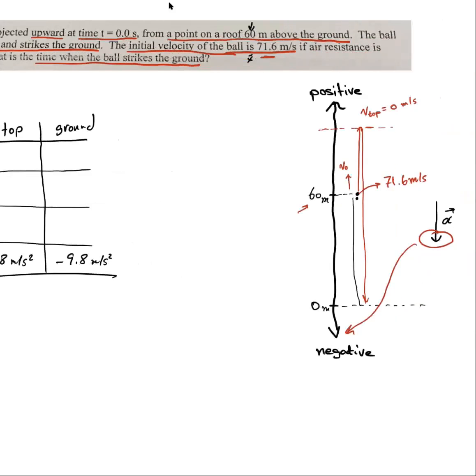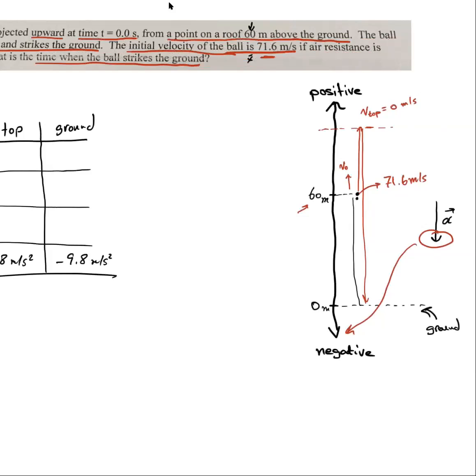Well, the acceleration, especially the acceleration of gravity, is irrelevant to the motion that we have. The Earth doesn't change its direction of acceleration based on how the objects are moving. Acceleration of gravity always points downwards to Earth. So if the ground is right here, acceleration will always point downwards.